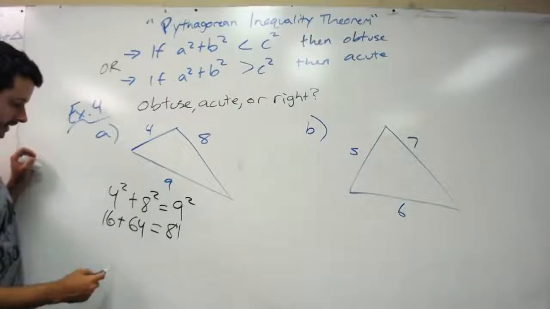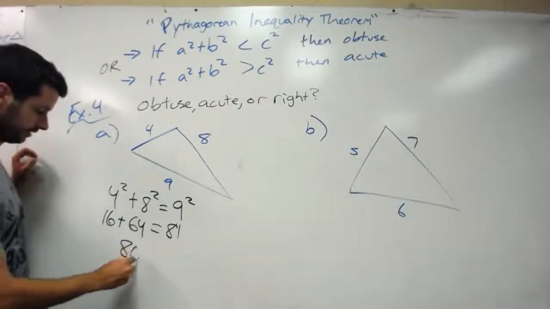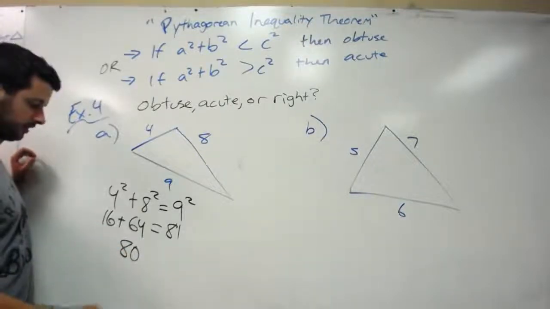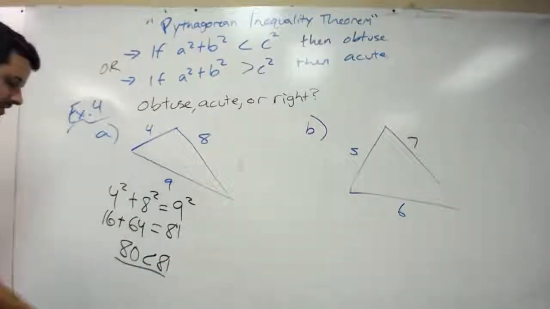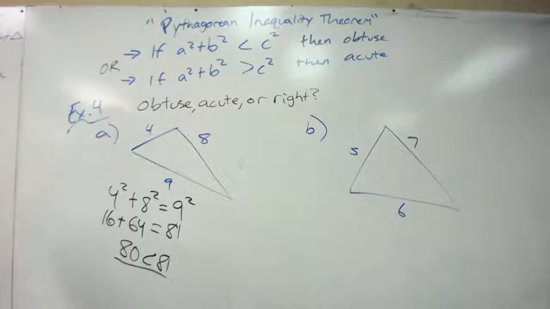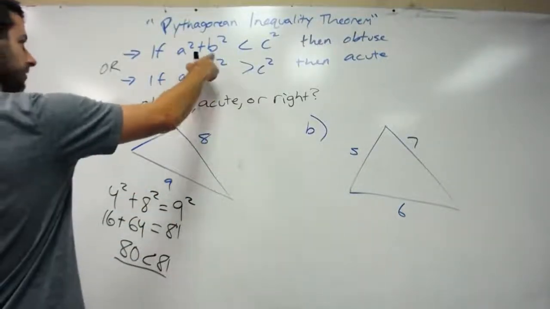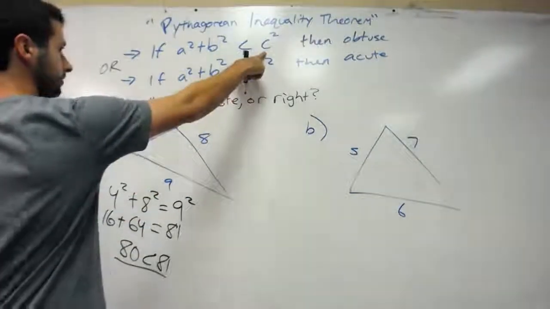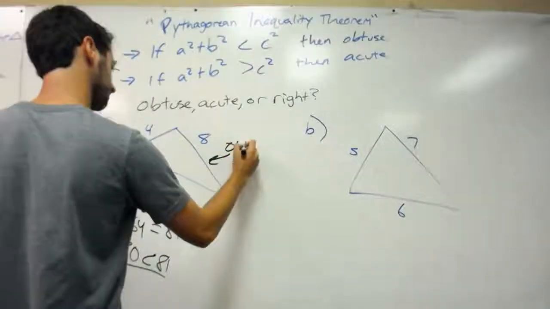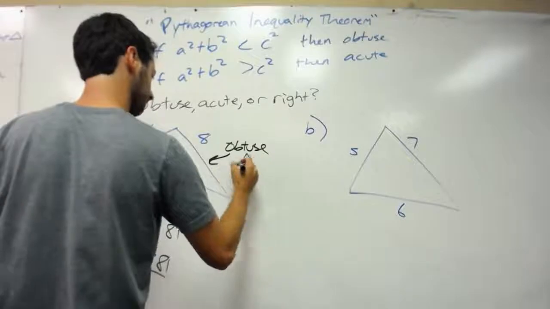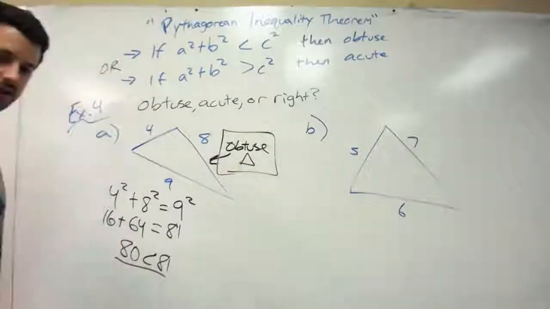Add these together and get 80. Well, that does not equal 81, it is less than 81. 80 is less than 81. So therefore, if the sum of my two sides is less than the hypotenuse squared, then it's obtuse. So this is an obtuse triangle. And that would be the answer for A.